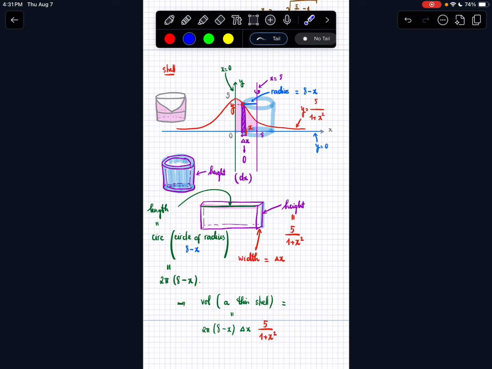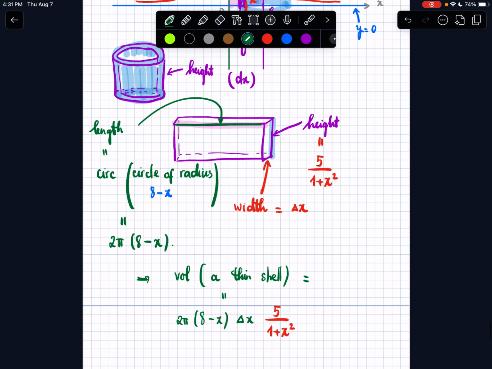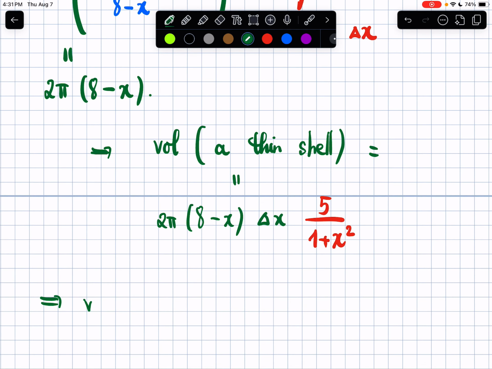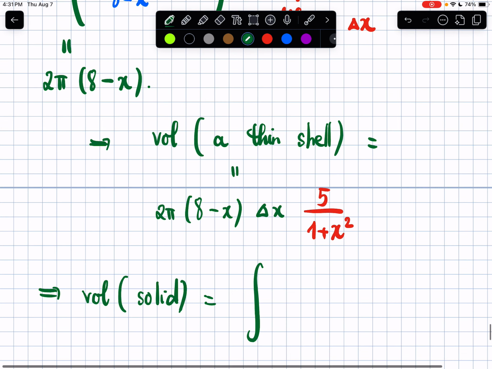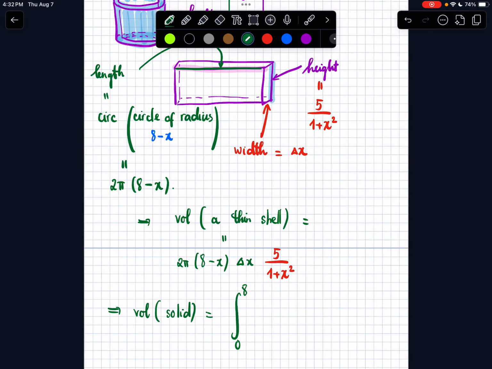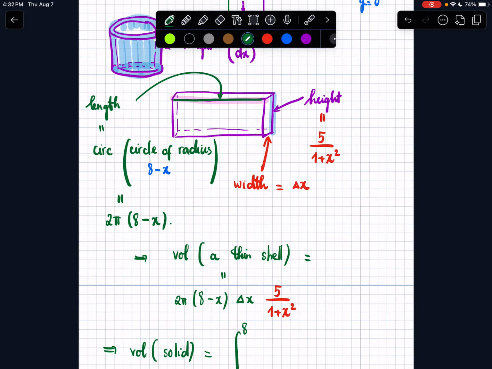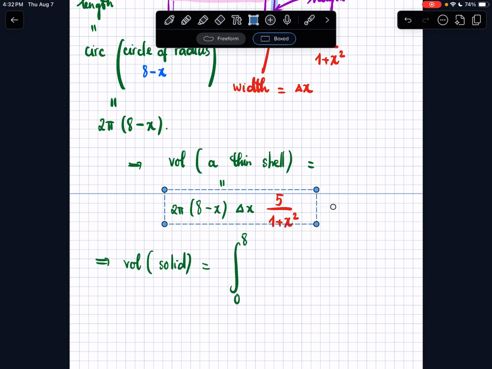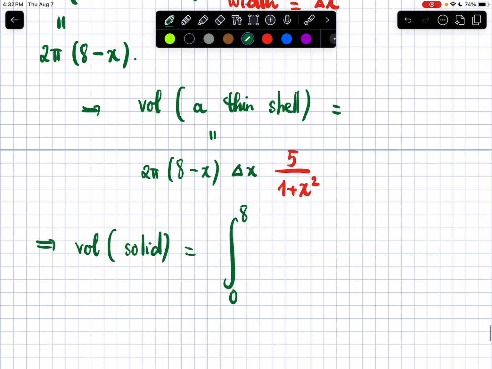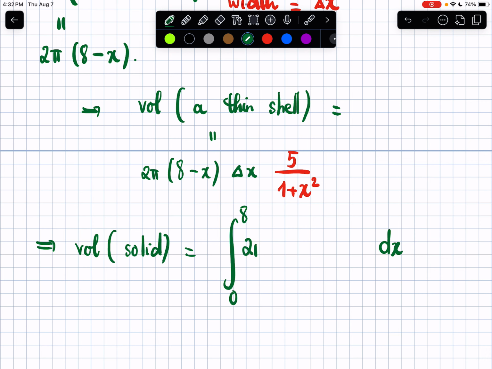So the volume would be the integral in terms of x, where x runs from 0 to 8, of all these thin shells. As delta x tends to 0, we have dx: 2 pi (8 minus x) times 5 divided by 1 plus x squared.